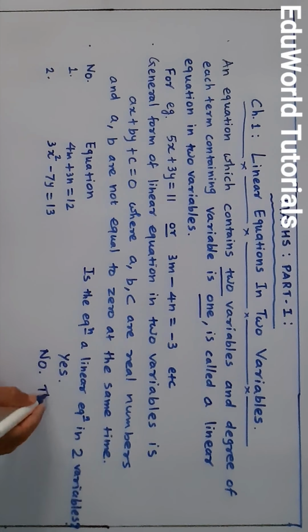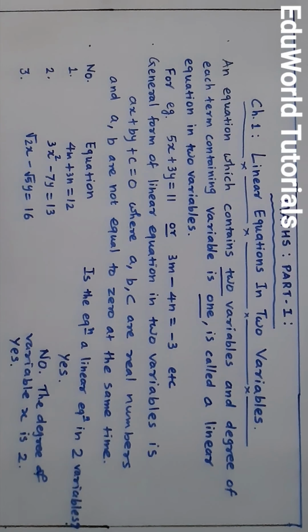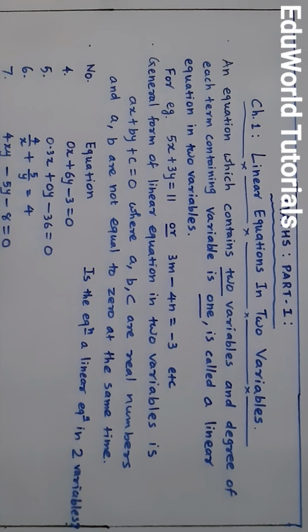Are these numbers root 2, root 5 and 16 real numbers? Yes, they are. That is why this is a linear equation in two variables. So your answer will be yes, like that. Now likewise you have to see the fourth, fifth, 6th and 7th examples and find out whether it is a linear equation in two variables or not.